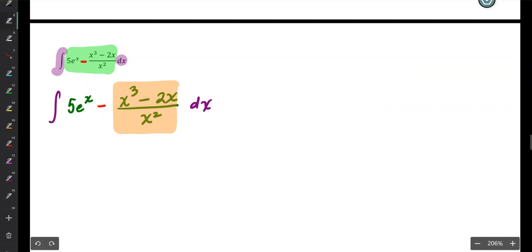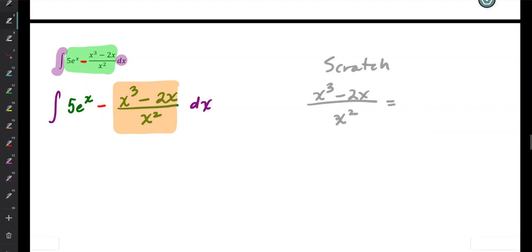So I want to do a little bit of scratch over here. I'm going to say that x cubed minus 2x divided by x squared, well, that's equal to dividing by my denominator. I'm dividing by x squared. That means I'm dividing each term by x squared.